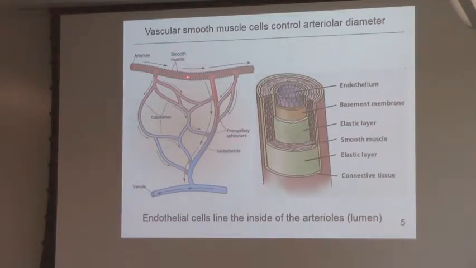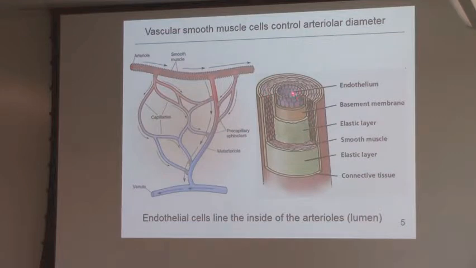These little stripes here on the arteriole are supposed to represent circular smooth muscle wrapping the arteriole. The arterioles are endowed with a relatively generous wrapping of smooth muscle, both circular and longitudinal, but it's the circular smooth muscle that makes the difference in controlling the diameter of the arteriole. So here's the structure of an arteriole.